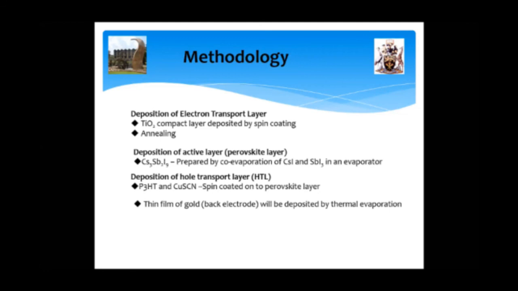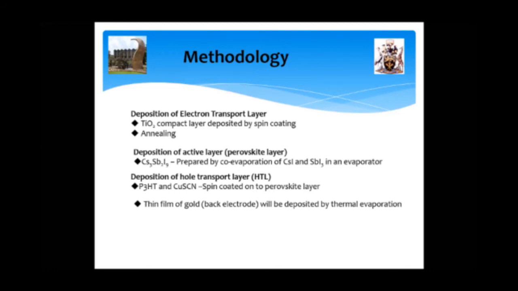Secondly, on top of the electron transport layer, we shall deposit the active layer, that is the perovskite layer of cesium antimony iodide, which shall be prepared by co-evaporation of cesium iodide and antimony iodide in an evaporator. This will be performed in an inert environment, preferably in a glove box.